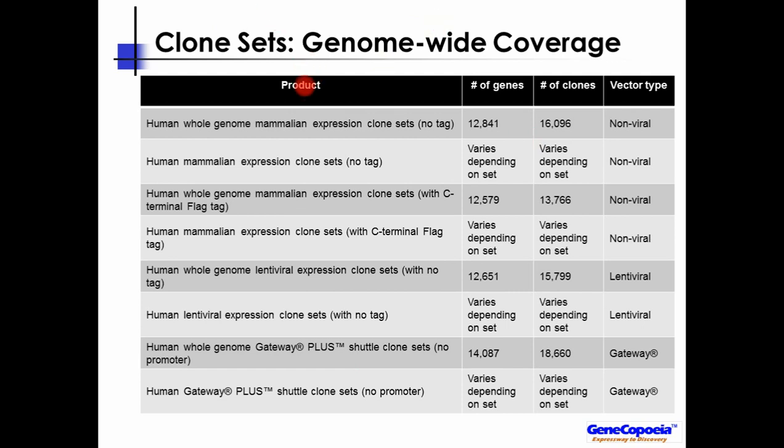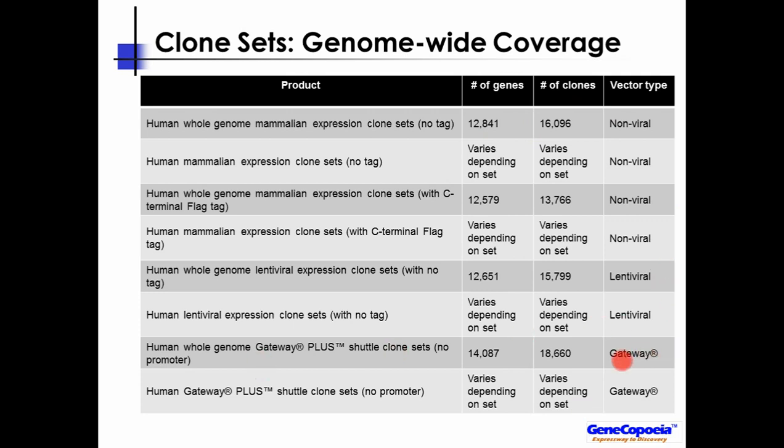So the clone sets can come with genome-wide coverage, where you can order whole genome mammalian expression clone sets with no tags, and we have more than 12,800 genes, more than 16,000 clones. And again, they come either in non-viral or lentiviral vectors.